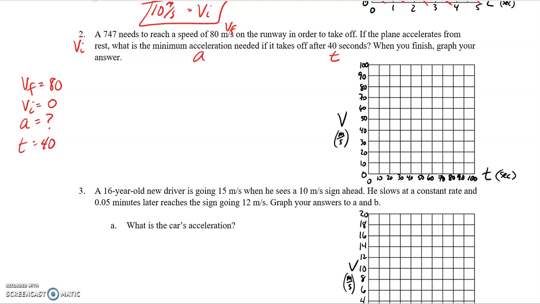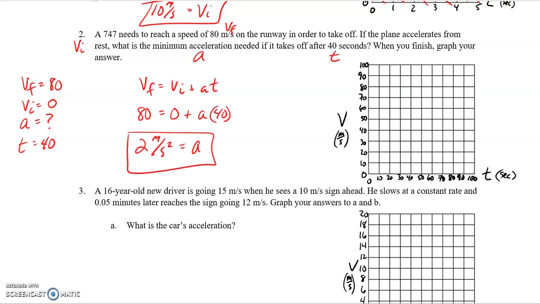So looking at the top of the page, the equation we want is VF equals VI plus A times T. So 80 equals 0 plus A times 40. So divide by 40, you get an acceleration of 2.